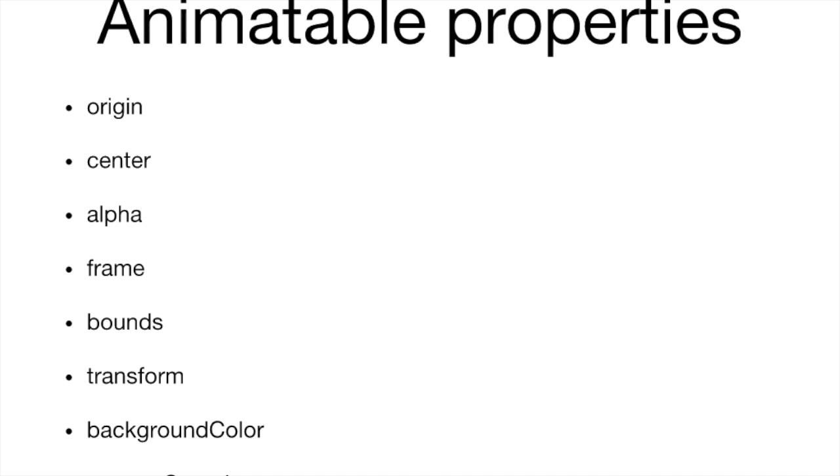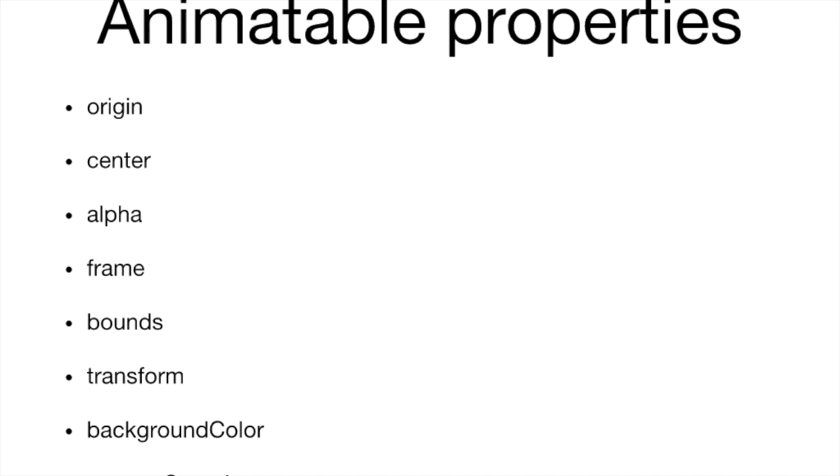Right. So these are some of the animatable properties, meaning properties we can animate with. So the origin is the top left corner. If you don't want to use the center point, you can use the origin. That's also a CGPoint, it also has X and Y. So it's the same as center, but it's up to you whether you want to use the origin or the center.